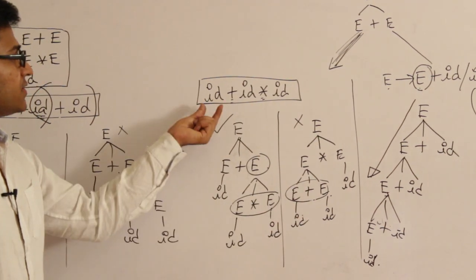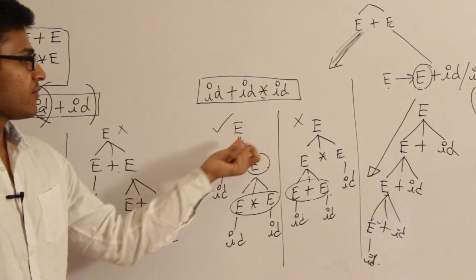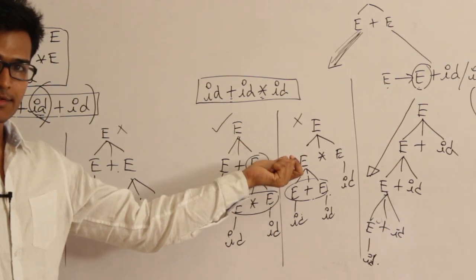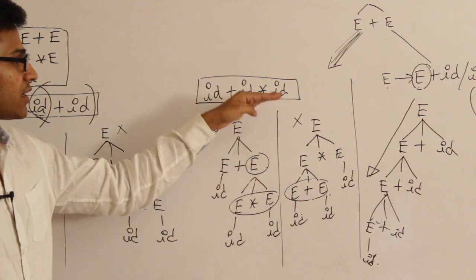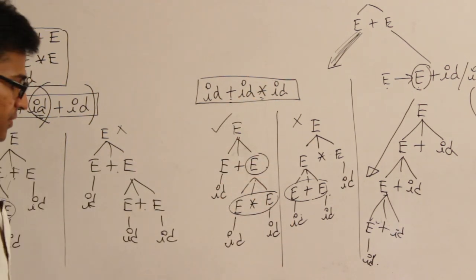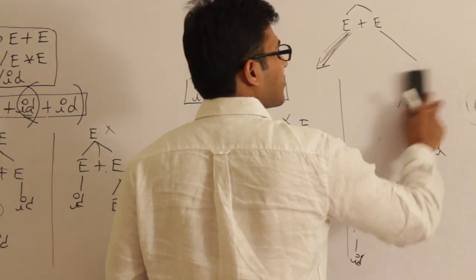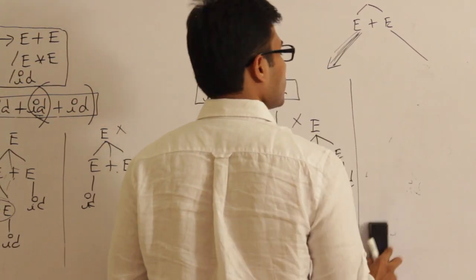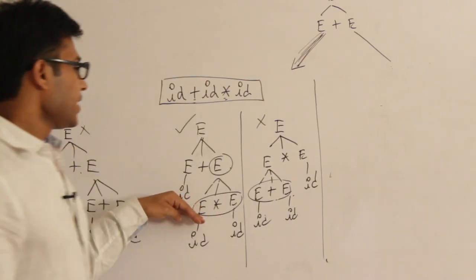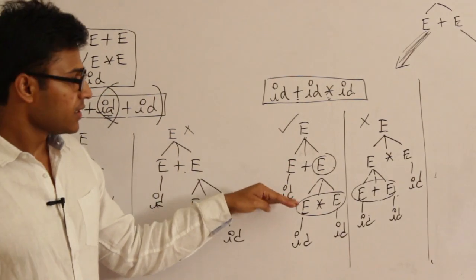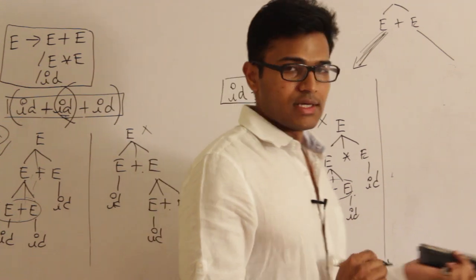Therefore, to fix this problem of different precedences, you define the grammar with different levels, which means if I have plus and star in the same grammar, plus will be at the higher level and star will be at the next level, like this.